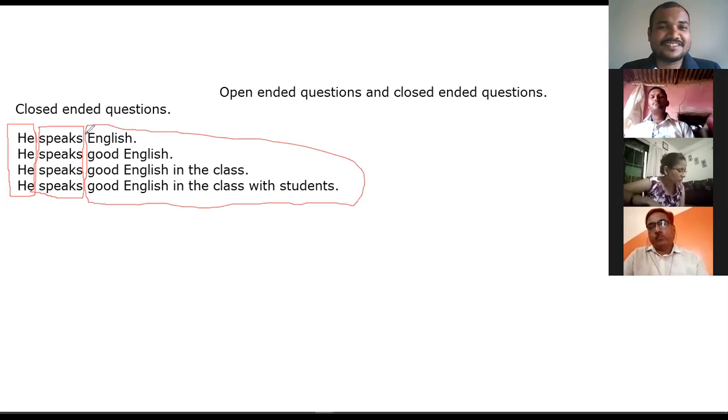This is what we discussed in the first class. So level 1, level 2, level 3, level 4 questions. Have you remembered that concept? So this is a level 2 question. How many parts are there in a sentence? 3 parts.